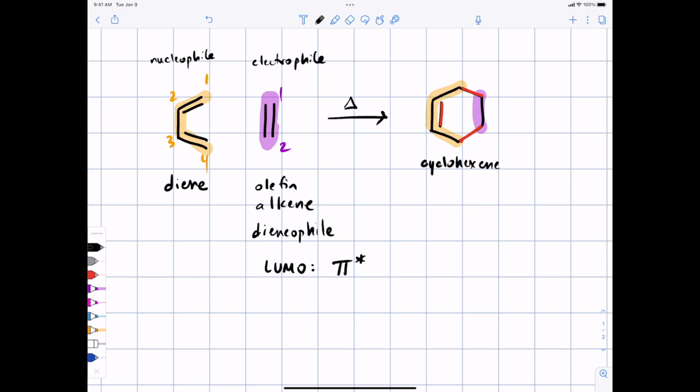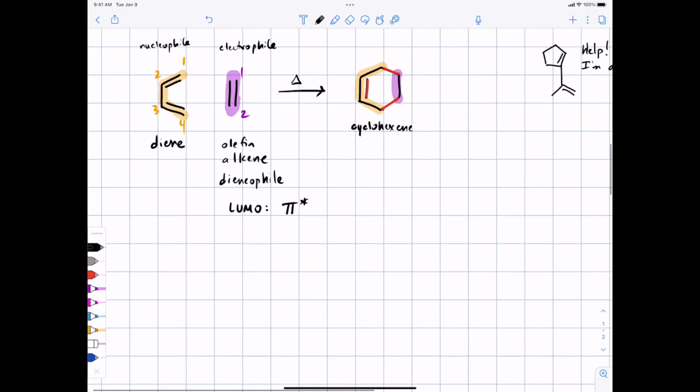If we were to draw that pi star looking down on the molecule, it would have a node in between the two carbons, 1 and 2, and there would be a switch in wave function sign. We're looking down, and so below the plane of the page, you would have the other lobes of the p orbital. If you wanted to look at this molecule from the side, that's fine. You would draw the pi star like this.